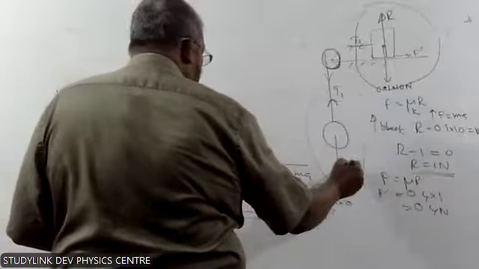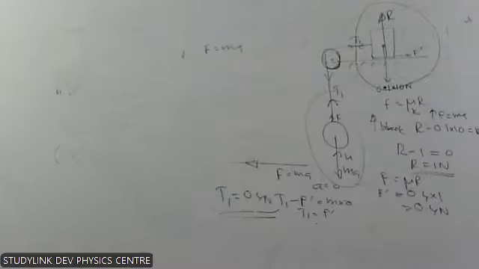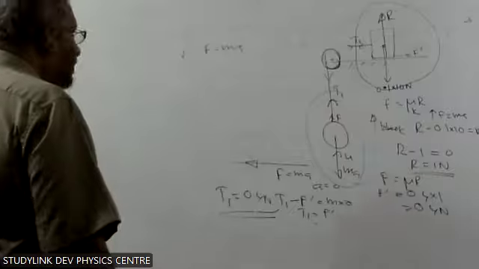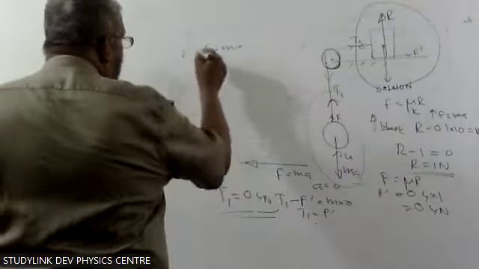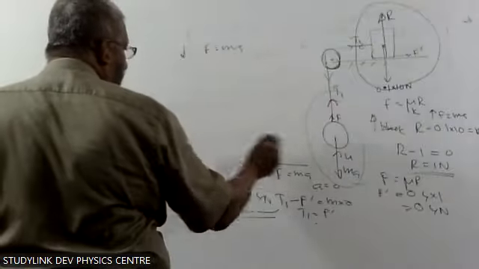Then after that, terminal velocity, acceleration is 0. F equals ma, vertically down. Then apply and get the answer there. Downwards, when you apply, mg minus U minus F minus T1 is equal to m into 0.